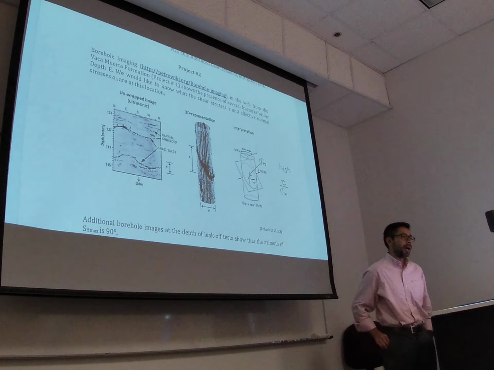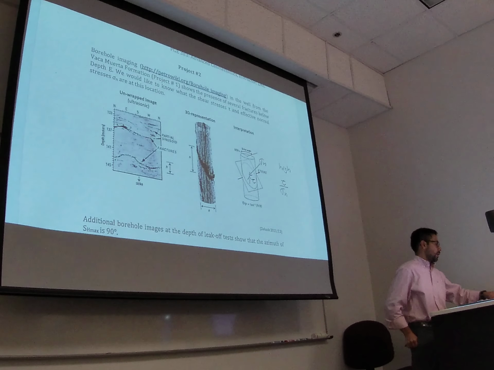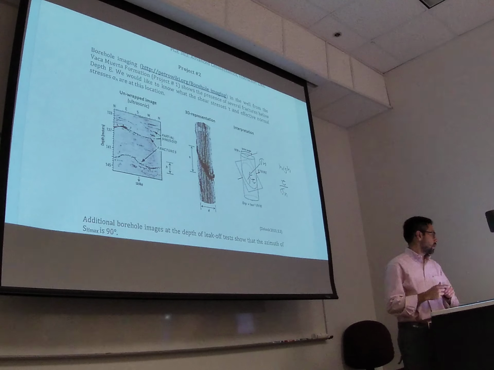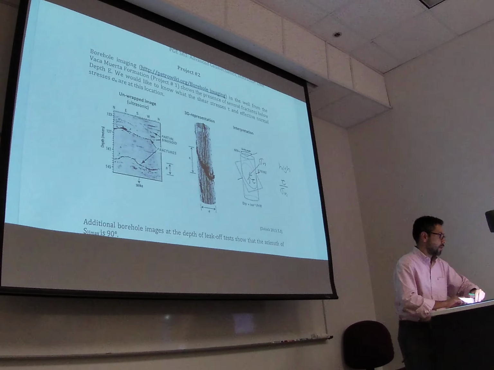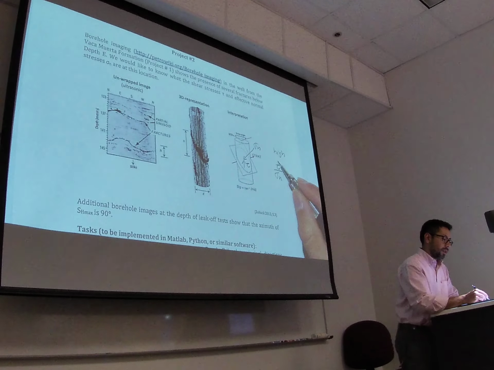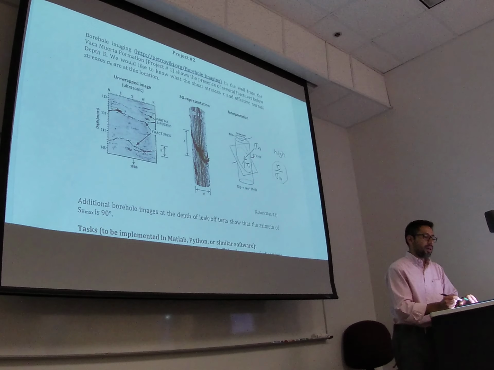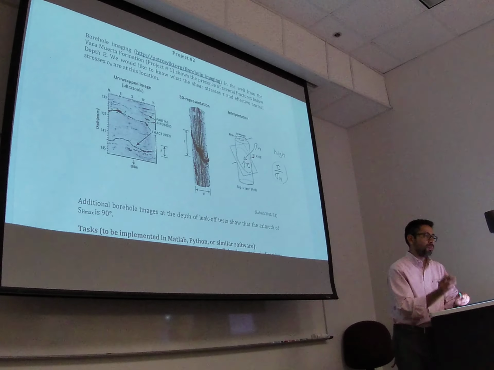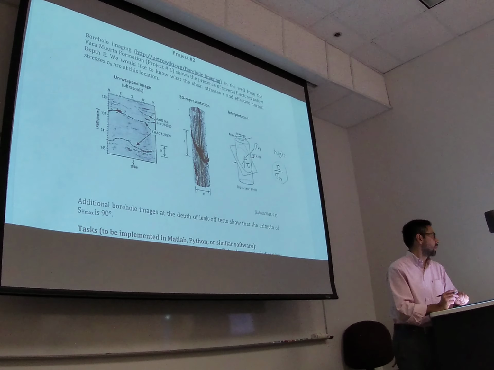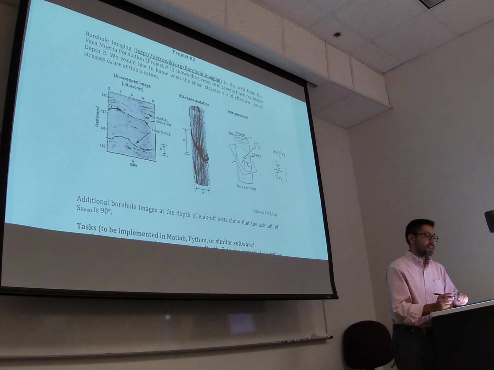For example, this is very important for microseismicity. Why? Because the fractures that have the highest shear to normal stress are going to be the ones that are more likely to be reactivated and more likely to induce or to produce induced seismicity. So this computation is very important.